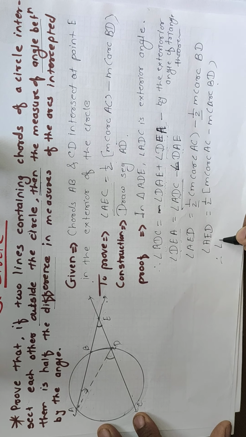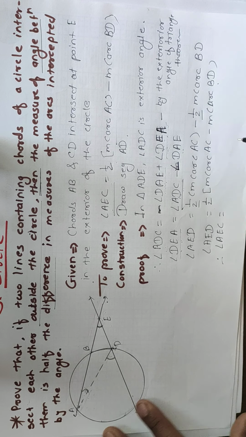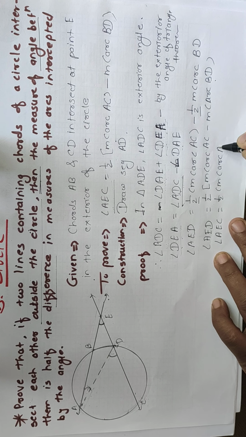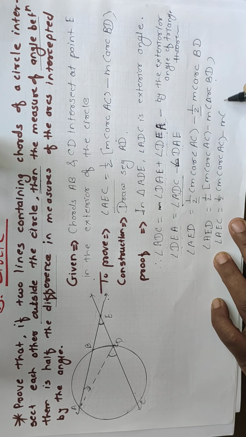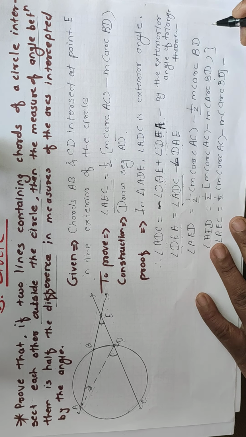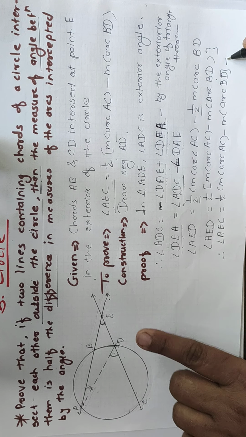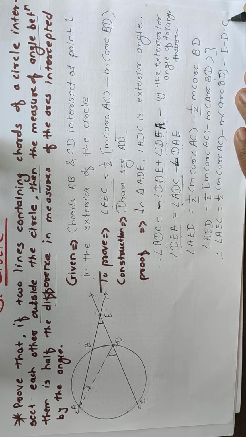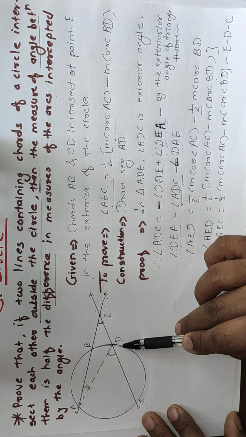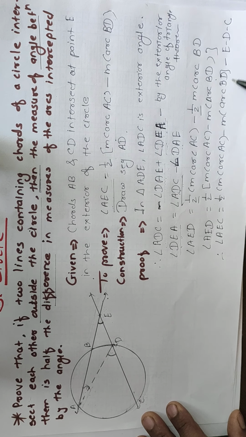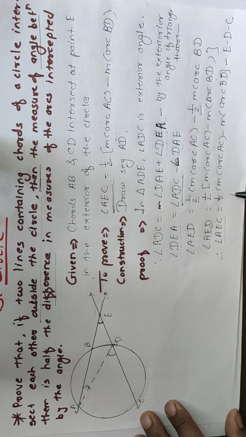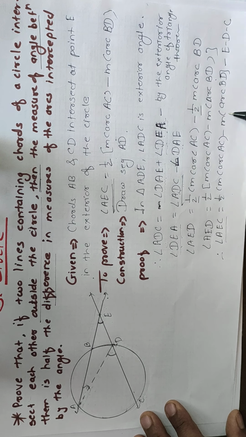Therefore, angle AEC is equal to 1/2 the measure of arc AC minus the measure of arc BD. The reason is that E-D-C are collinear, meaning D lies between C and E. So that is our proof: angle AEC is equal to 1/2 the measure of arc AC minus the measure of arc BD.